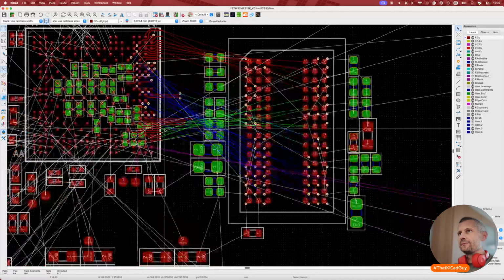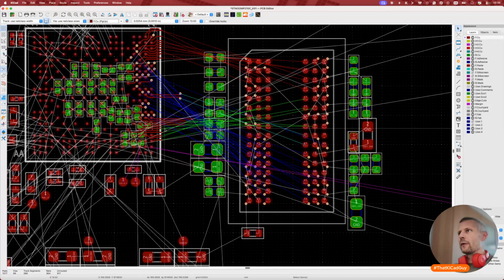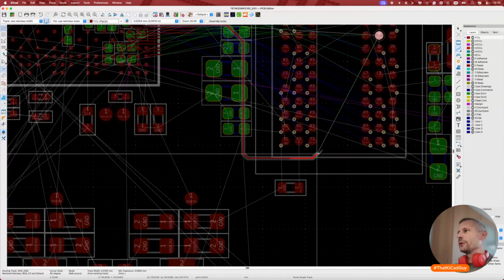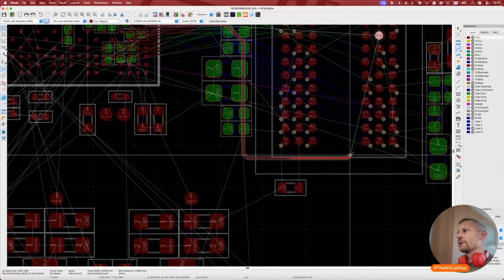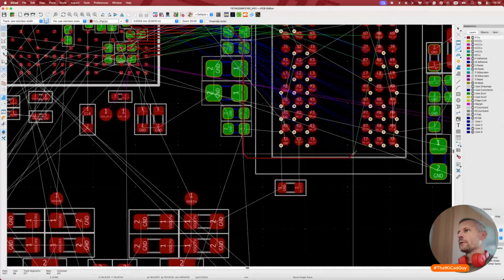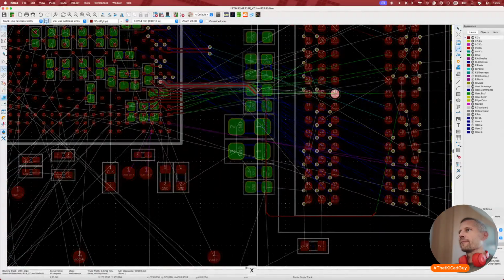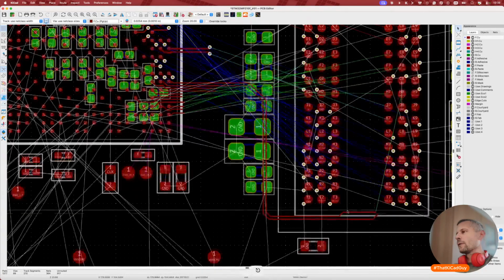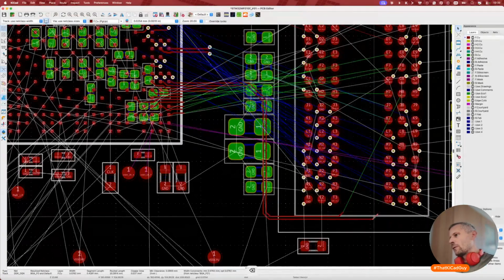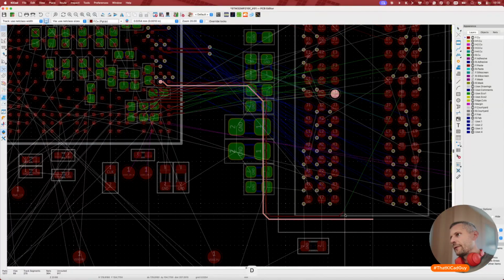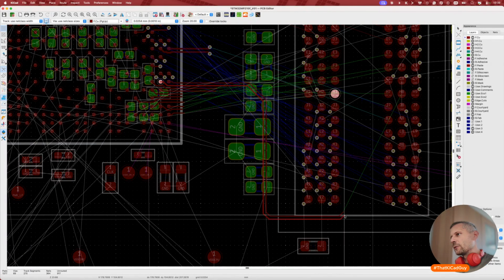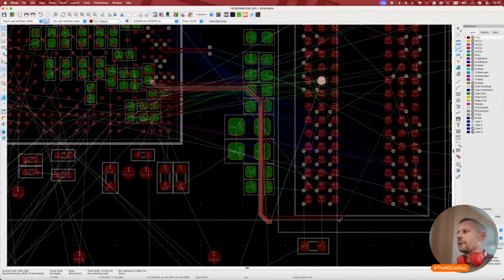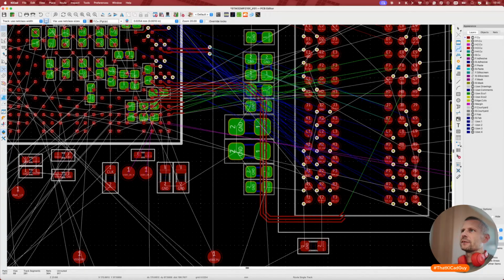So for that, I need to know what bits are to be swapped. So let's approach all the signals closer to the module, and then I will reorganize the signals in the group.